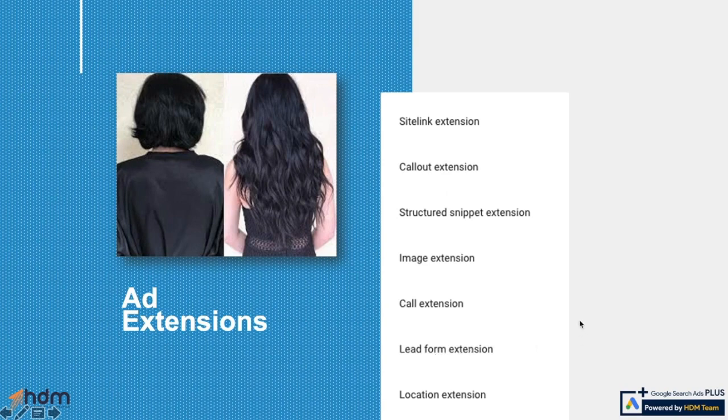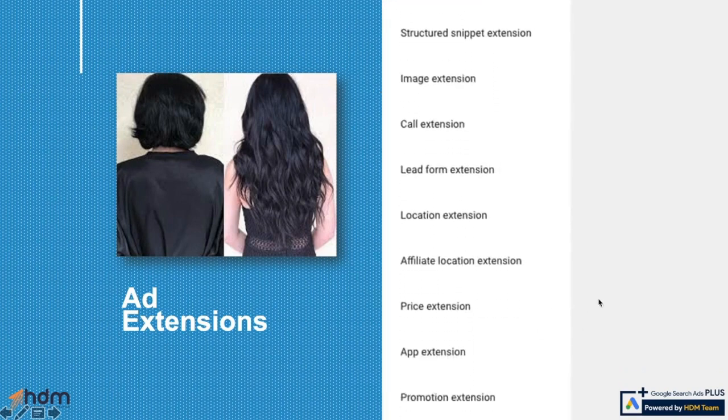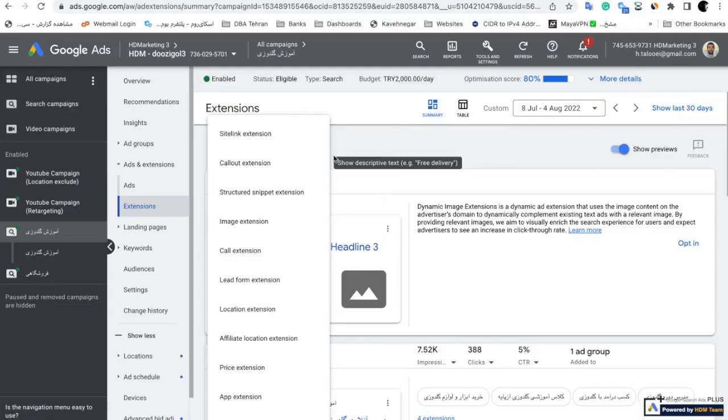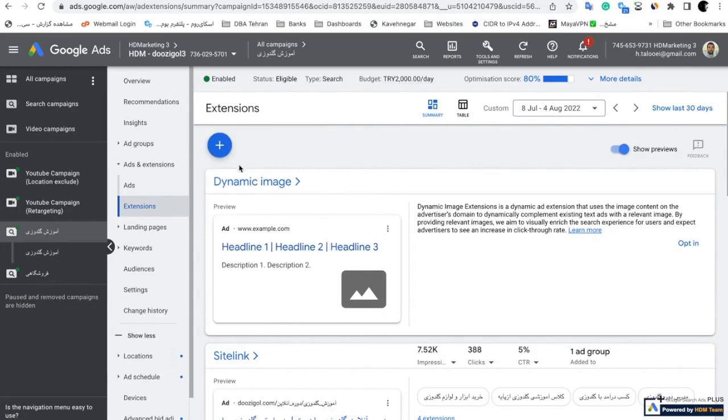There's a location extension. Another is the affiliate location extension. Then there's price, app, and promotion extensions. Well, we usually just refer to it as affiliate for this topic. But in general, to get familiar with them, let's go and look at each one on the dashboard.